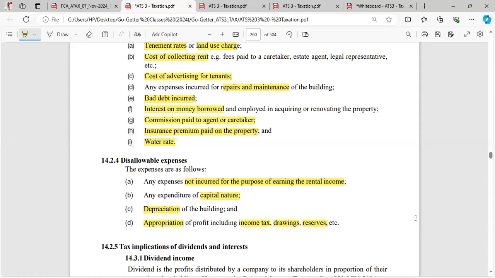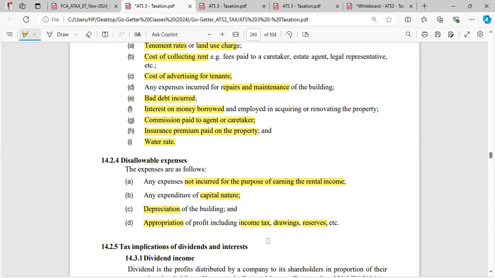So that's it. We've looked at rental income. This is income that the landlord receives. And so the landlord will make some expenses in order to get that income.